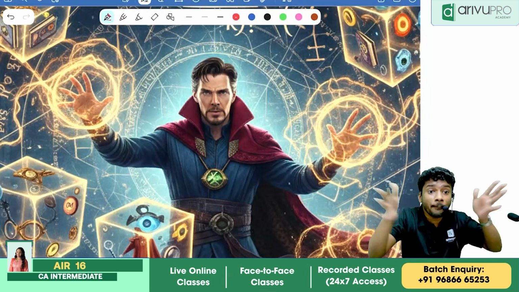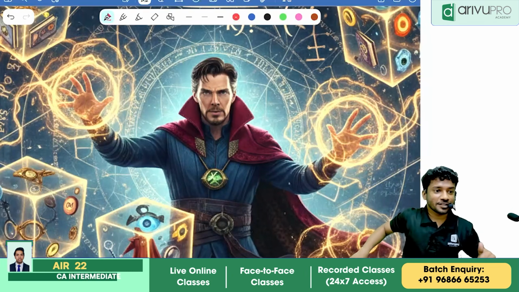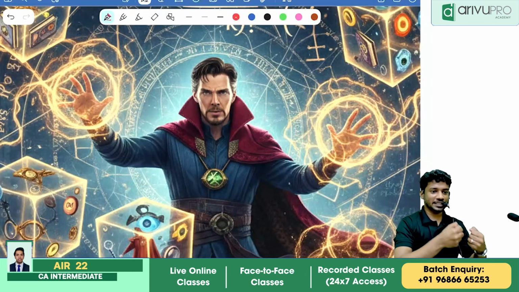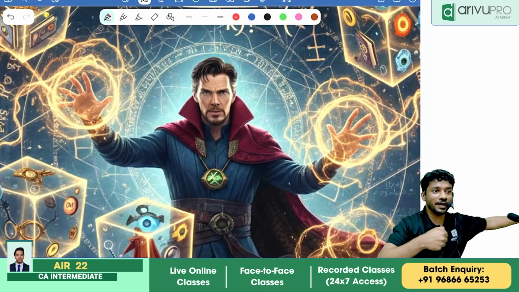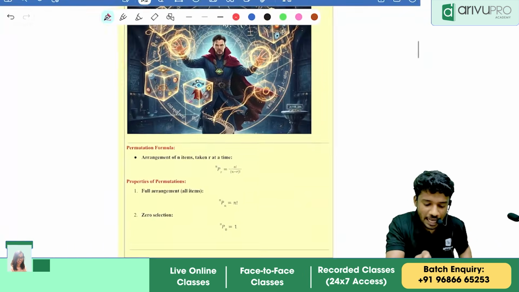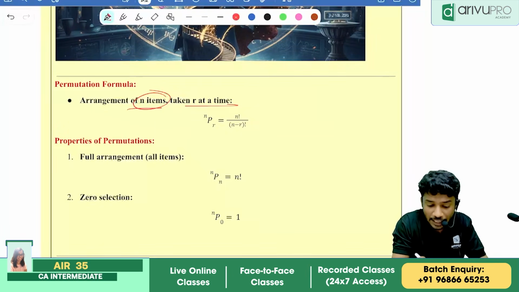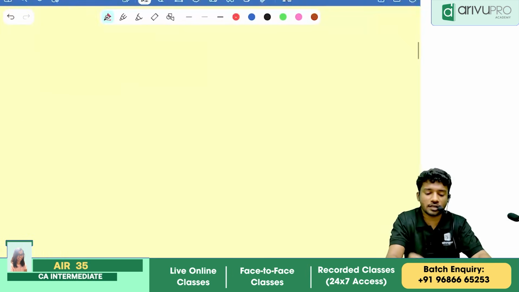Combination. Now I will combine both. He wants to select 5 and make them sit. Combination he will use to select the people. After selecting, he will make the people sit using permutation. Remember this.